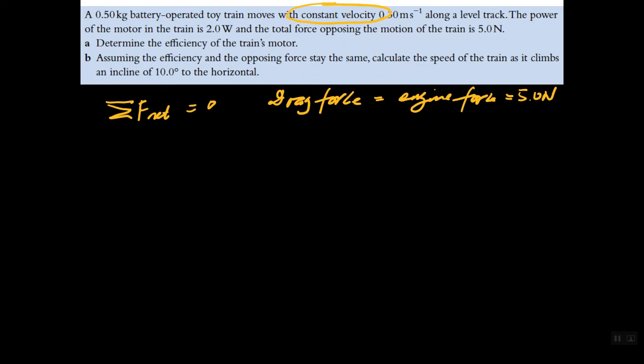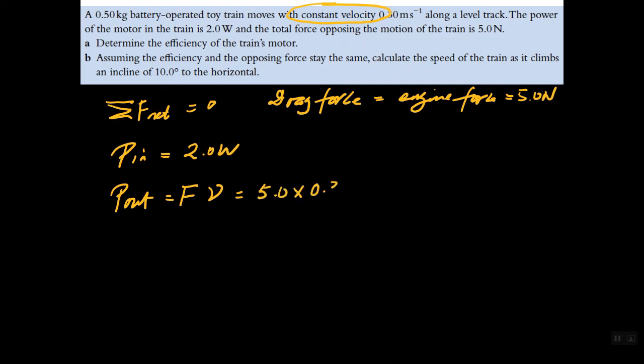Input power is given. The power of the motor in the train, which is the input power, is 2 watt. We need to find the output power, which is the power used in moving the train. That is the engine force 5 times velocity 0.3, that is 1.5.